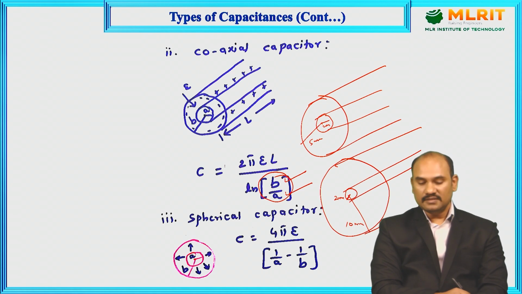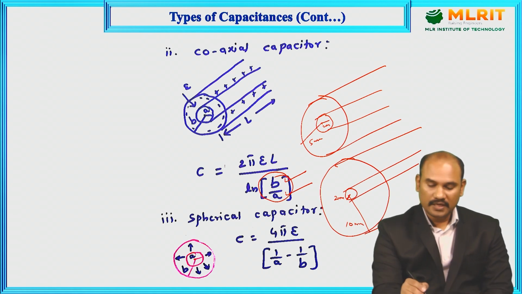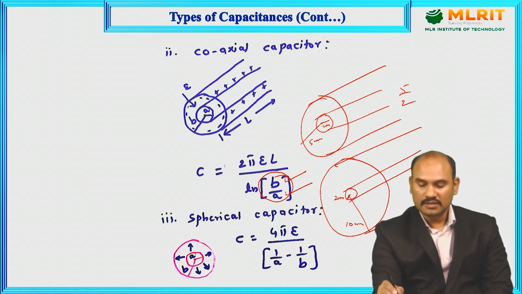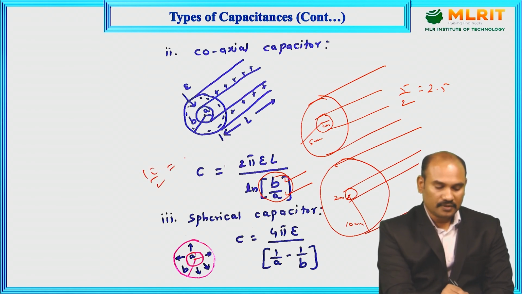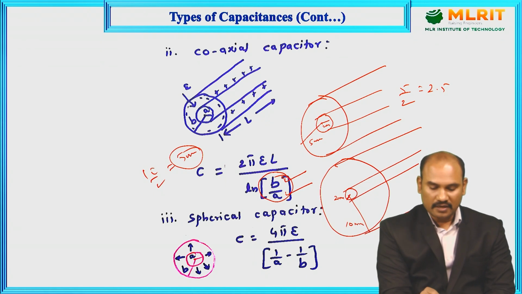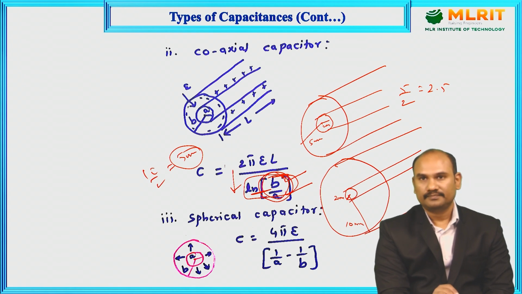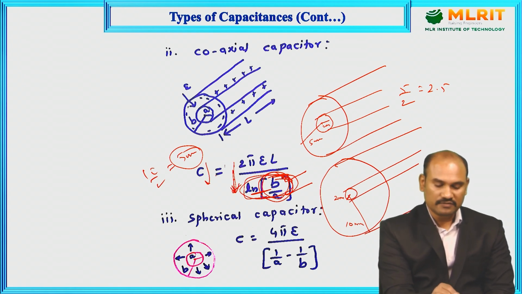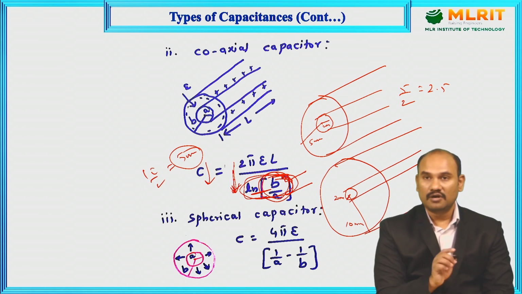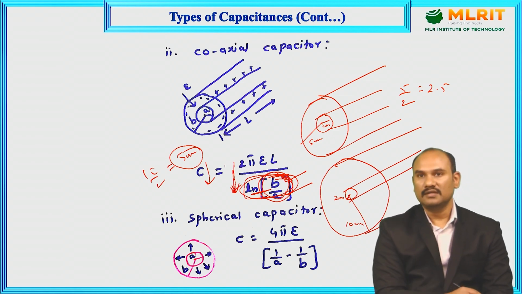So what matters is the ratio. Here 5 by 2 is 2.5. Here 10 by 2 is 5. So in this case, the ratio is more. Higher the ratio, higher will be the denominator. Higher the denominator, lesser will be the capacitance, because if the denominator dominates, the value falls. If the ratio rises, capacitance falls. So you should not take the individual values of the radius. You take the ratio, which will decide the amount of capacitance.